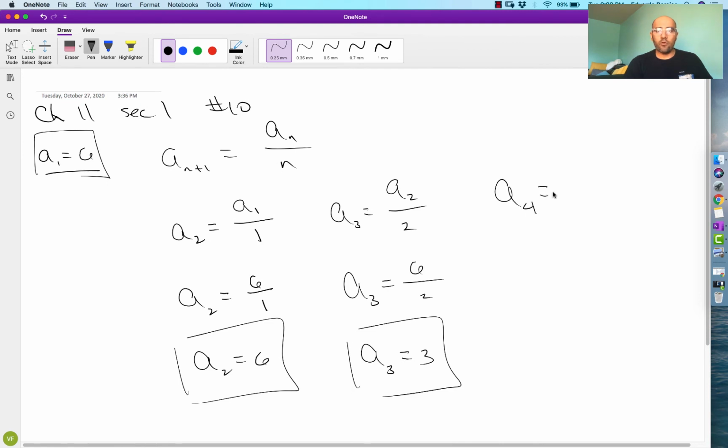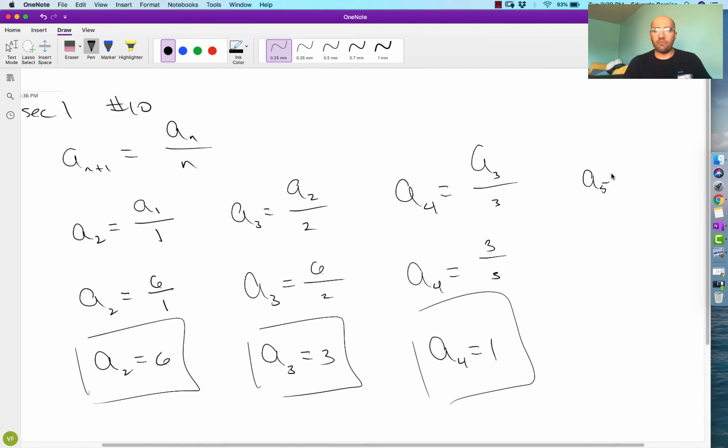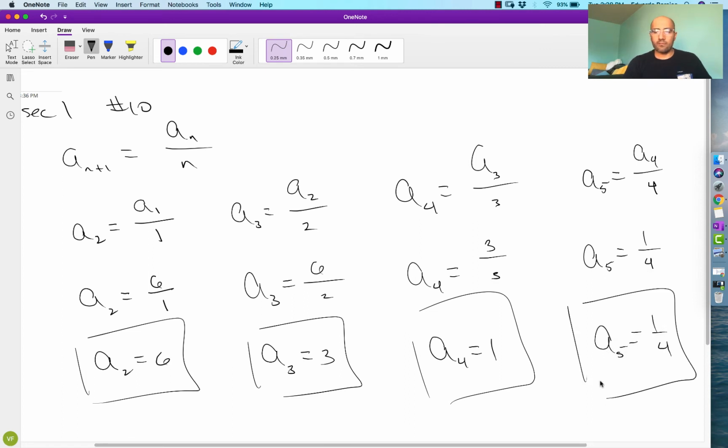A sub 4 is equal to a sub 3 divided by 3, so a sub 4 equals 3 divided by 3, or a sub 4 equals 1. And finally, to get the 5th one, a sub 5, I go to a sub 4 and divide that by 4. So a sub 5 is equal to 1 divided by 4, so a sub 5 is 1/4. There, so there are the first 5 terms.